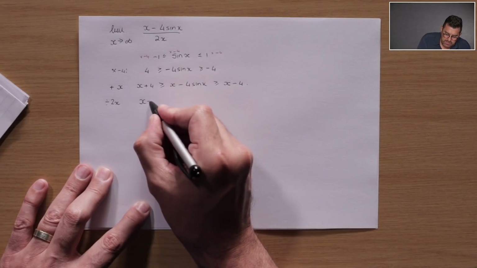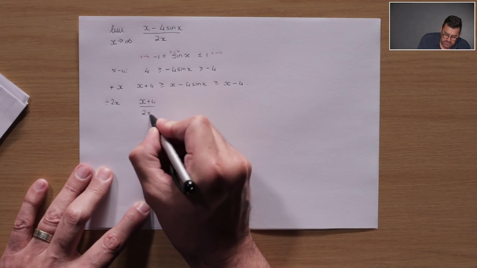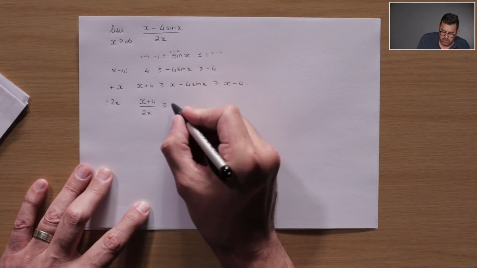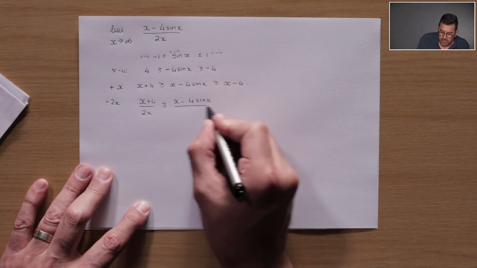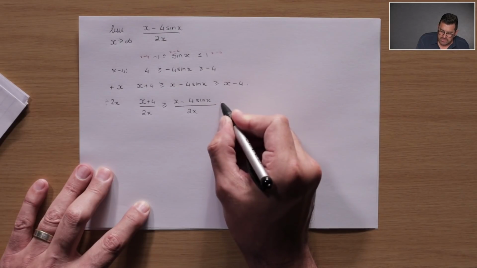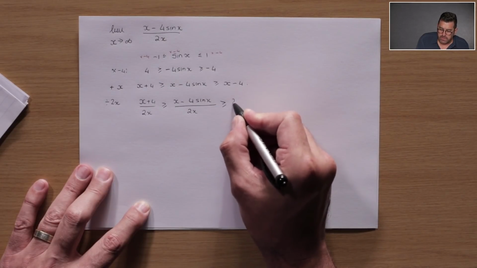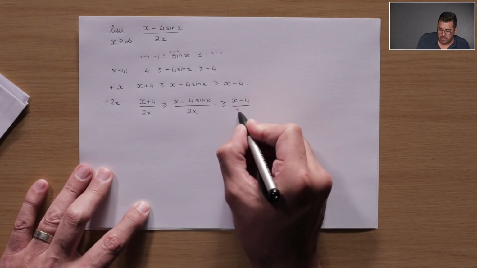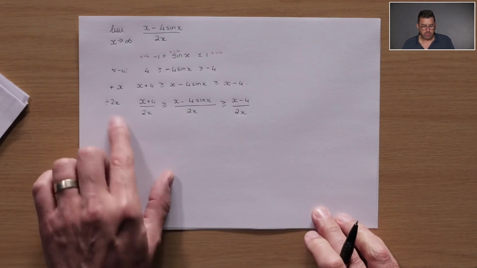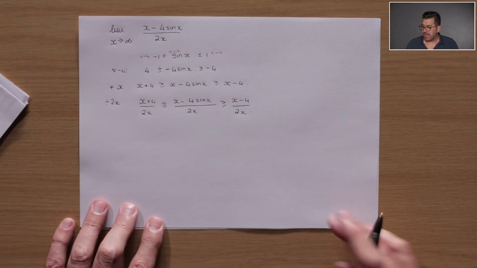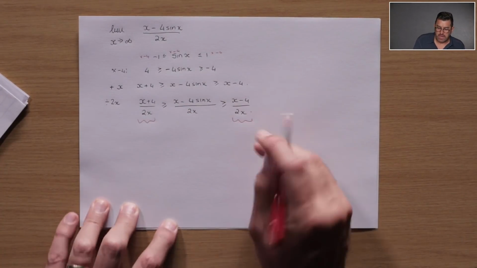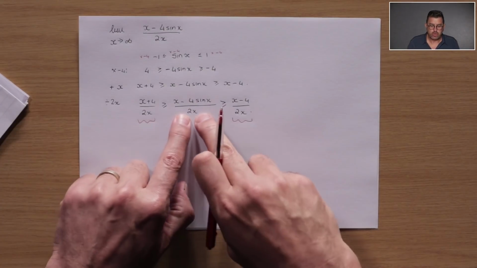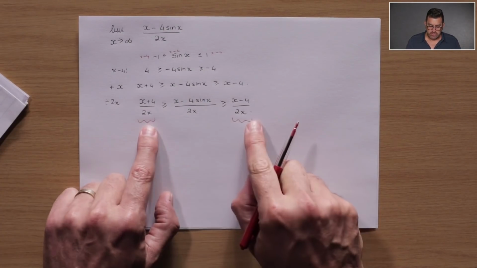So I can say x plus 4 over 2x is larger or equal to x minus 4 sine x over 2x, which is in turn bigger than or equal to x minus 4 over 2x. Okay, quite neatly done. I now only need to focus on the two outside functions that are squeezing the inside. And folks, you can see they're easier.